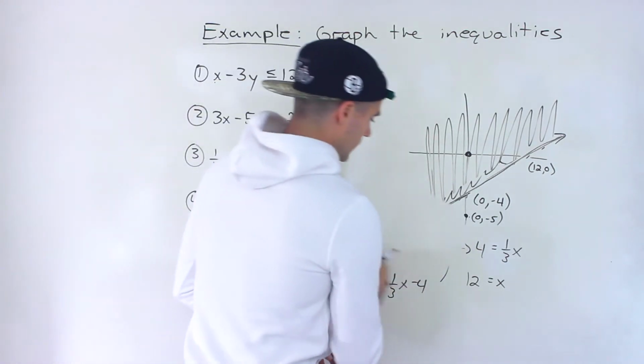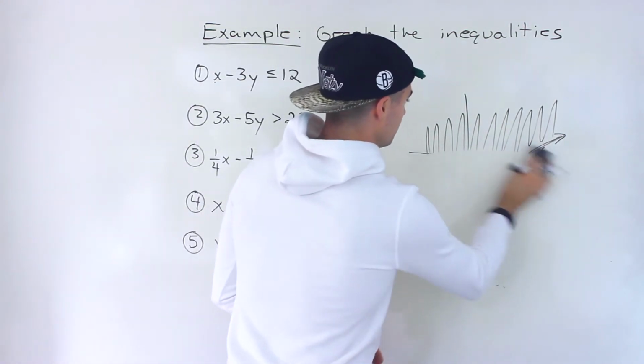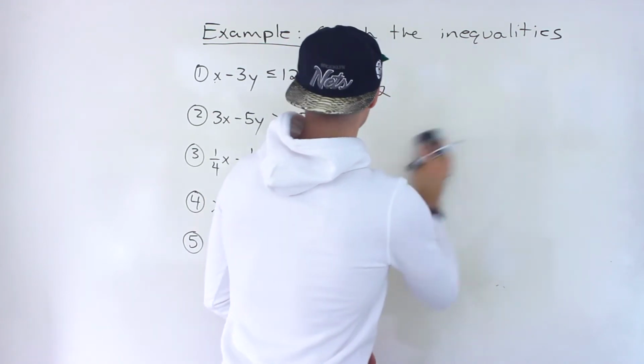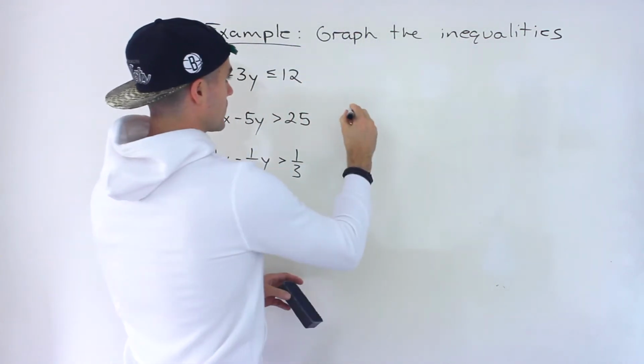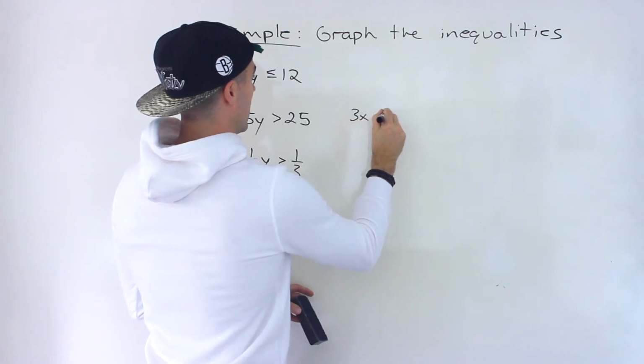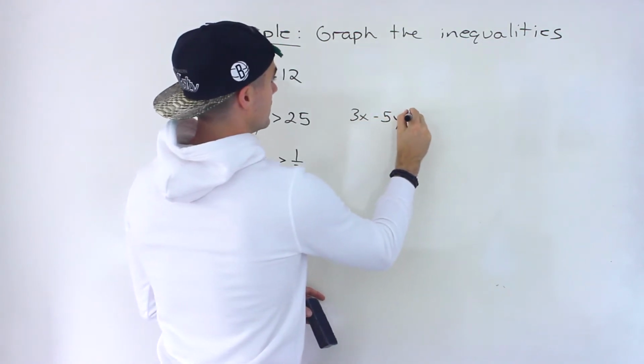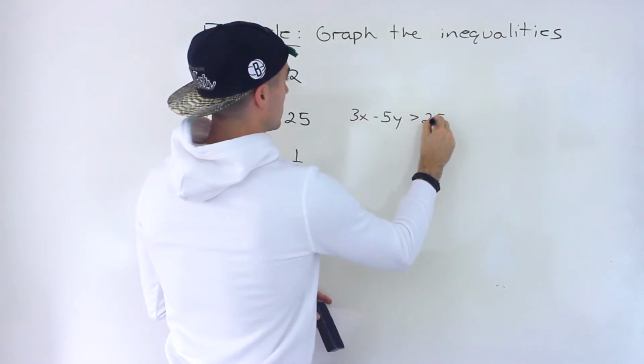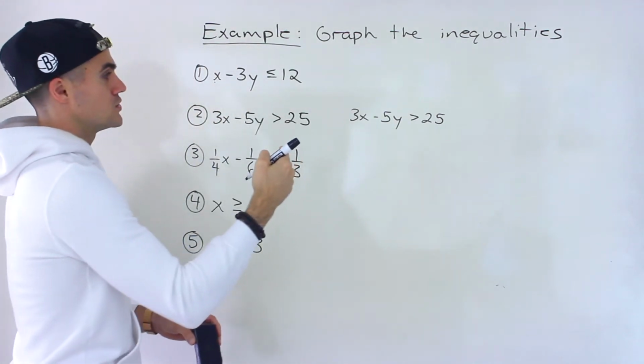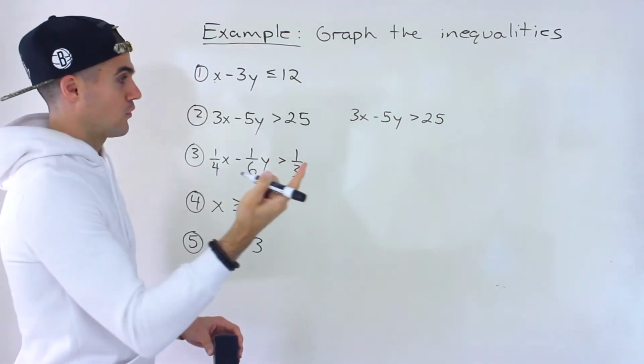So moving on to number 2, same kind of thing. We got 3x minus 5y is greater than 25. Same thing, what I'm going to do is isolate for the y.